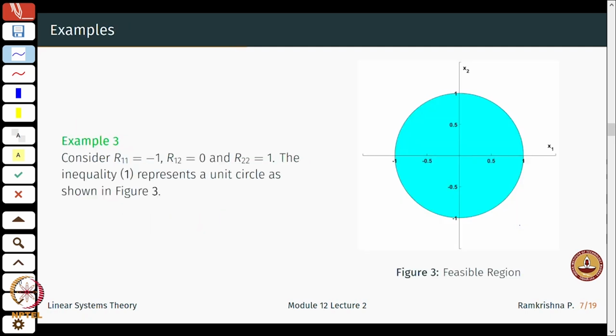A few examples of these DR regions. If I take a very simple example of R11 being -1, R12 being 0, R22 being -1, this will give me the standard unit disk, or just the general stable region.